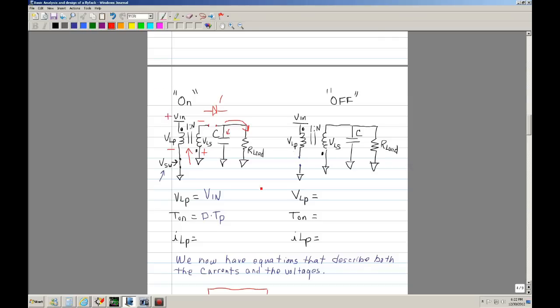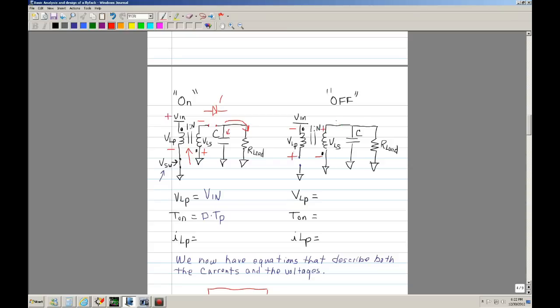Let me go ahead and change that color. So basically the non-dotted side on the primary becomes plus, and this becomes negative, and since the dotted side on the primary became negative, on the secondary this is negative and this is positive.